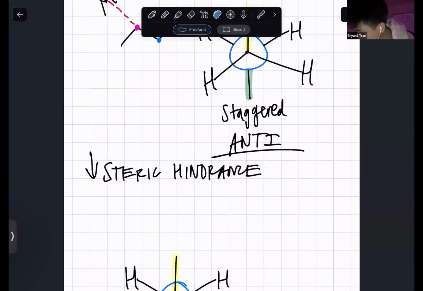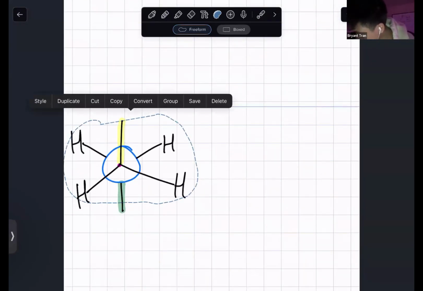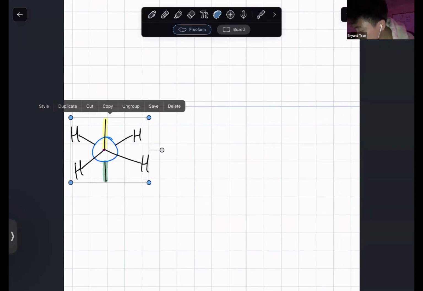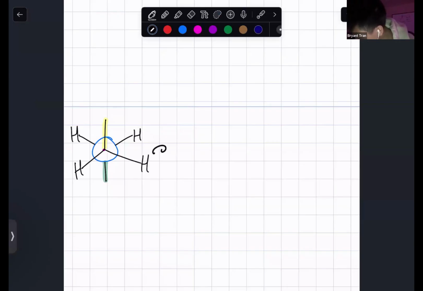When we rotate the Newman projection, one group stays the same, which let's say is going to be the pink carbon. The pink carbon here is going to have the exact same groups at the exact same spots. So the methyl group is going to be on top, and the two hydrogens are going to be to the left and right like that. But if I rotate 60 degrees clockwise, right?